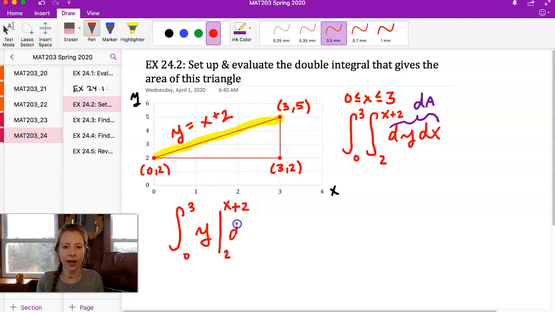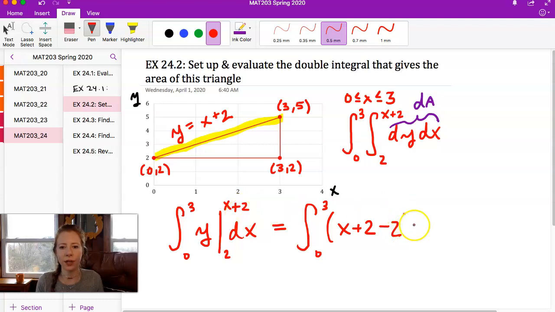And we still have our dx. Okay? All right, now we need to go ahead and sub in, and this is going to be the integral from 0 to 3 of x plus 2 minus 2 dx. So I'm just plugging in, which is going to give us the integral from 0 to 3 of x dx.